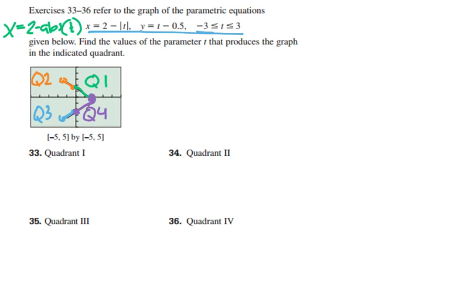So if we press graph, I have just plotted from -3 to 0, and it's gone all the way from here to kind of halfway to here. So that means that in order to get quadrant 3, it's definitely going to start at -3, but it is definitely not going to be to 0. So I need to find out kind of what that ending value is.